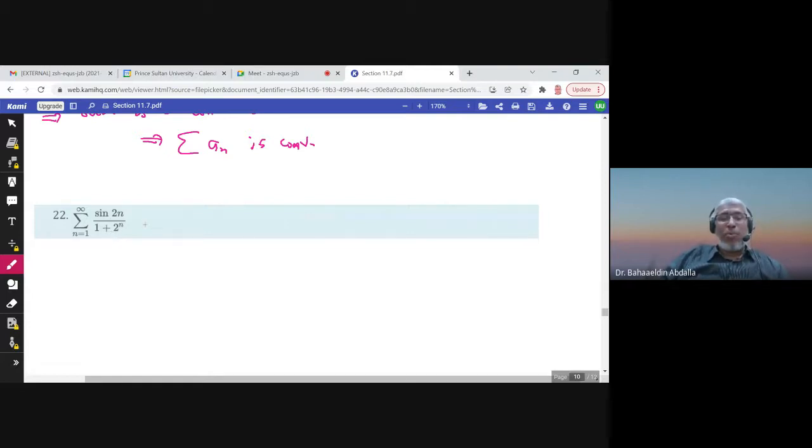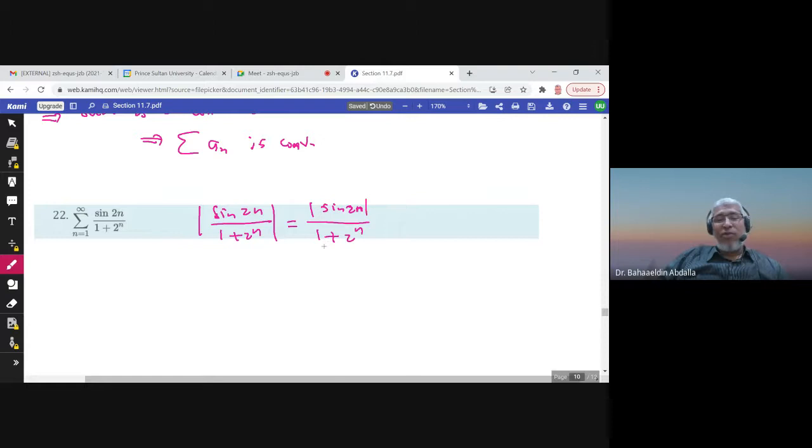So what we do, we use the absolute value. We talk about the absolute value of sine 2n over 1 plus 2 to the n. We don't know whether sine 2n is positive or negative, so we keep the absolute value, but this is always positive.